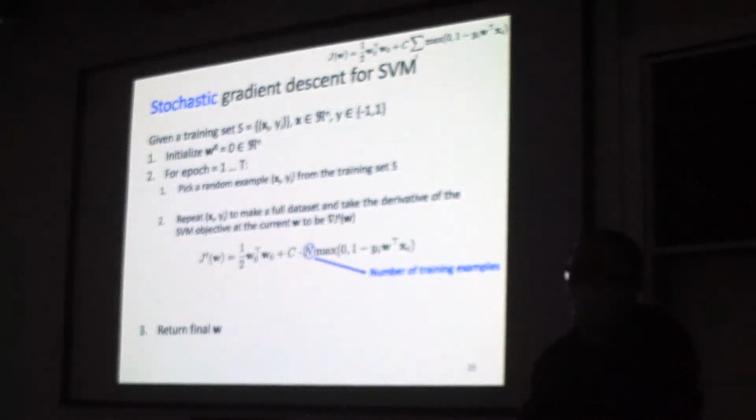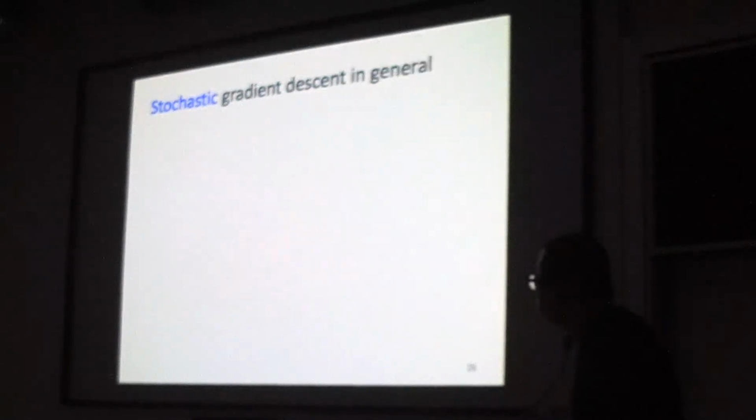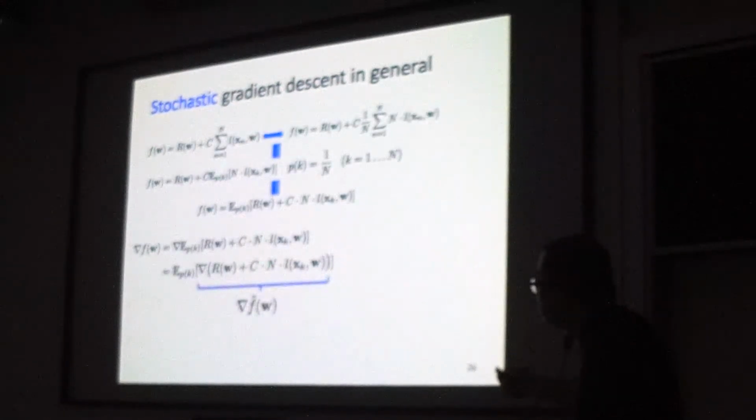If the expectation of the stochastic gradient is the exact gradient, it is called an unbiased stochastic gradient. Then the theory of stochastic optimization will guarantee that you find a minimum of the objective function. But this slide is just for reference. It is not required to know how to derive it.